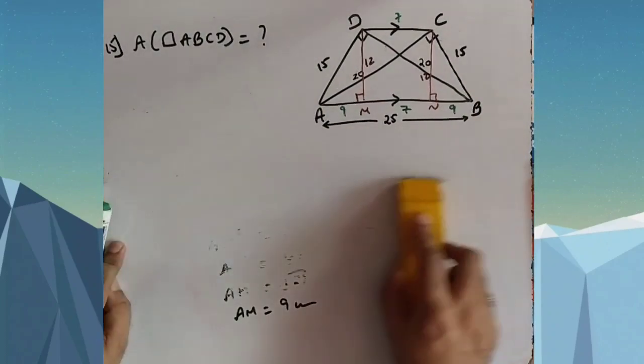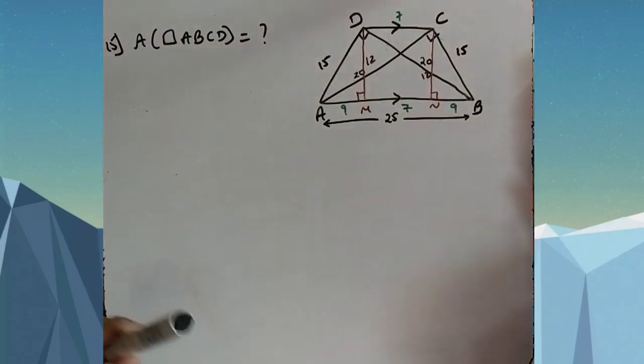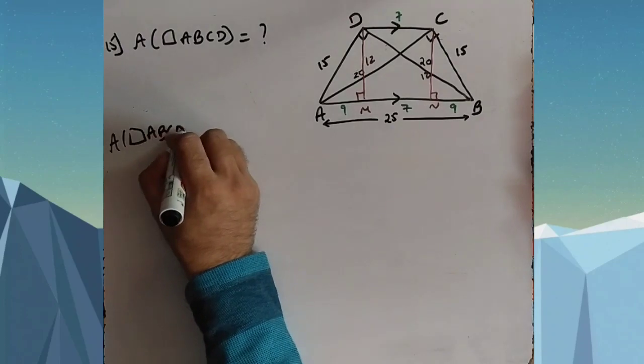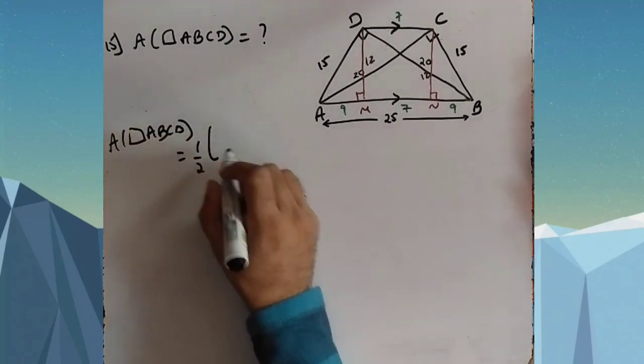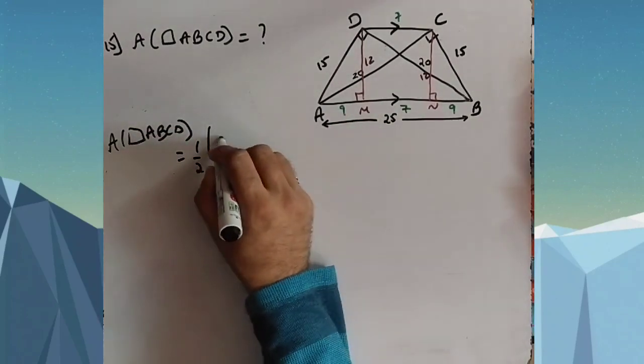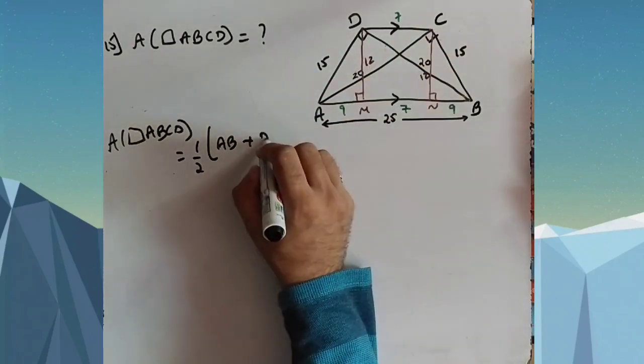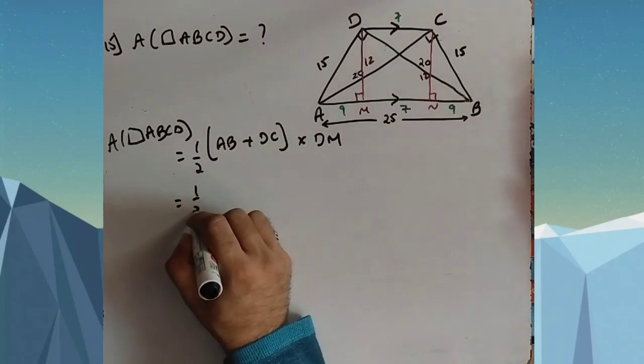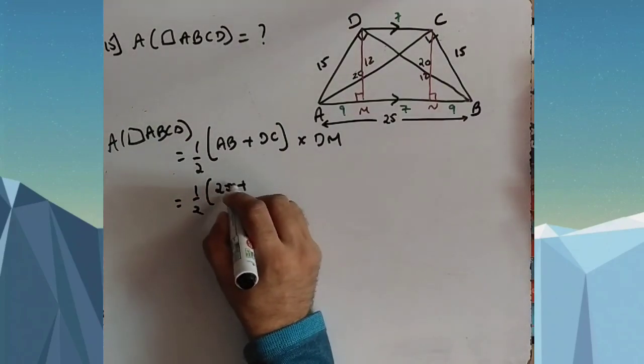Now we have to find out the area of this trapezium. Area of trapezium formula, as I said earlier, is half into sum of parallel sides AB plus DC into height. AB is already given as 25.